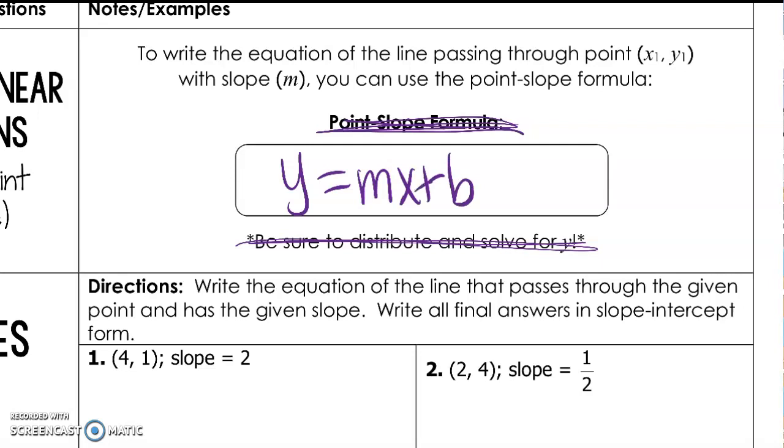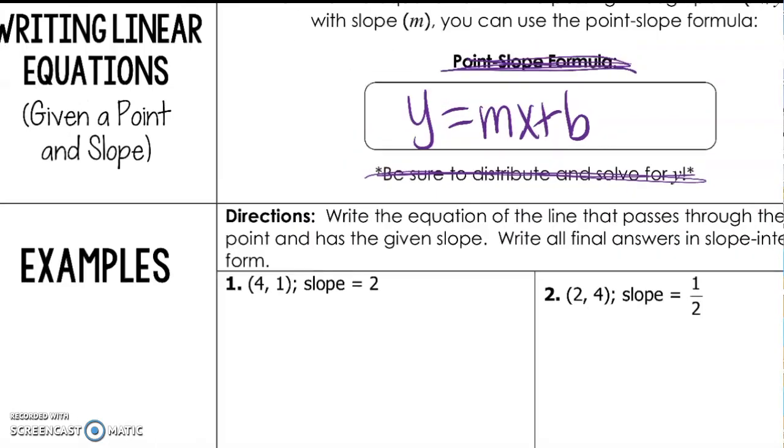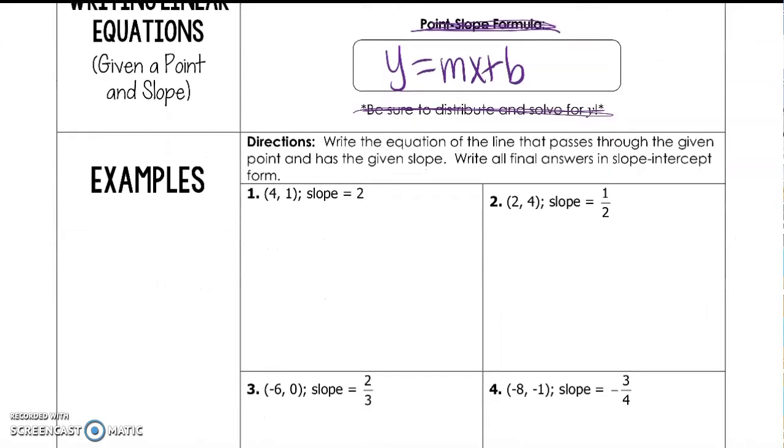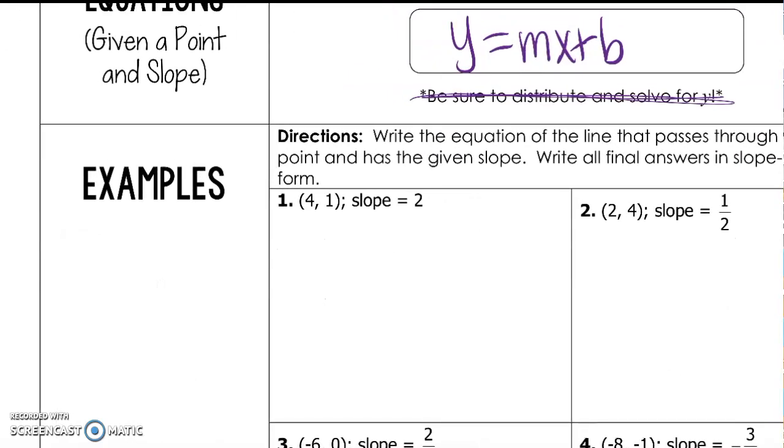So I'm going to do number 1 and write the instructions off to the side. The first thing we will do: we have an x, we have a y, and remember slope is m. If you look up here at slope-intercept form, we have everything except the b. So our job is to fill in what we know and solve for what we don't know.